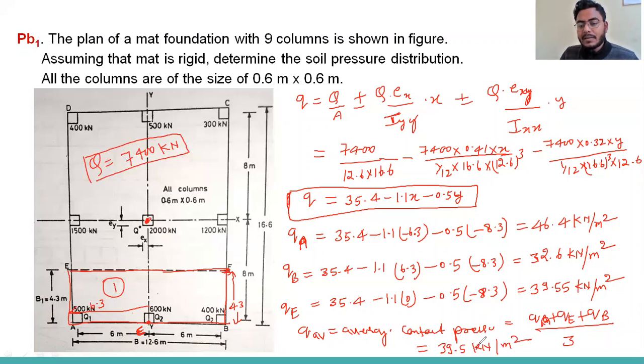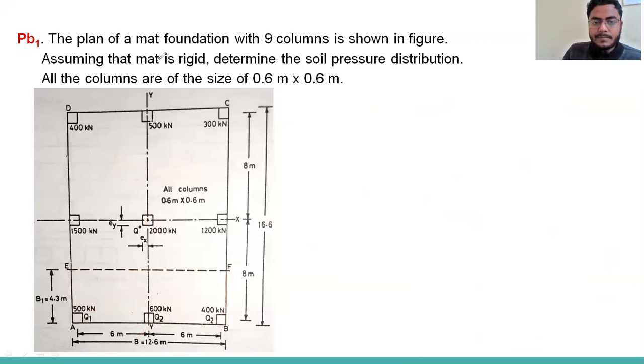Now we have the average, but we have to calculate the modified average soil pressure. This is the average soil pressure, or average contact pressure, but it is not modified. To calculate the modified one, we have to calculate the average load on strip 1.